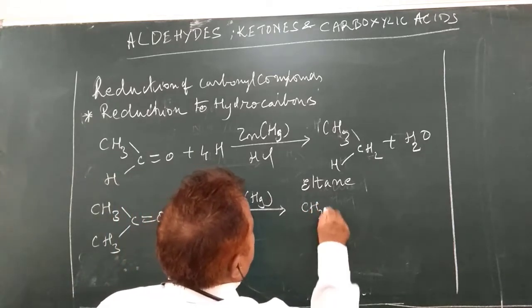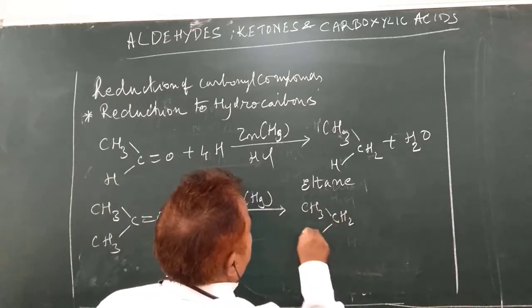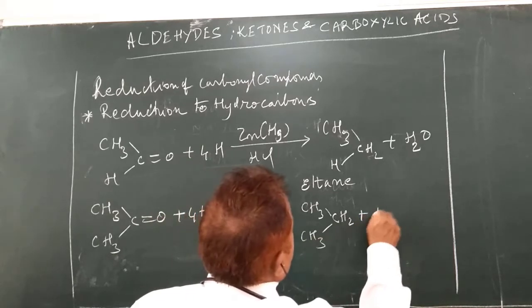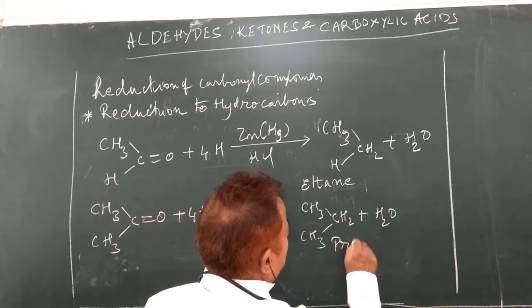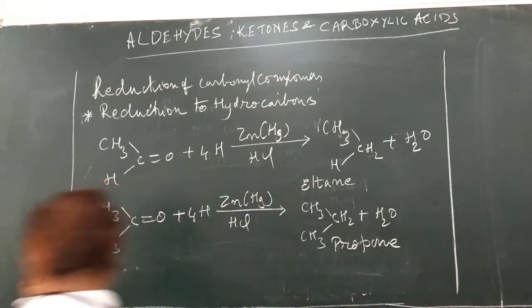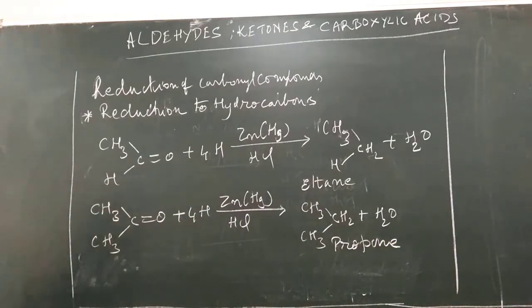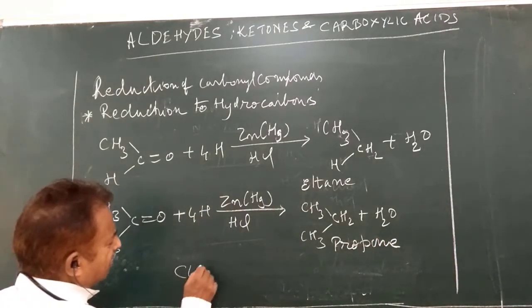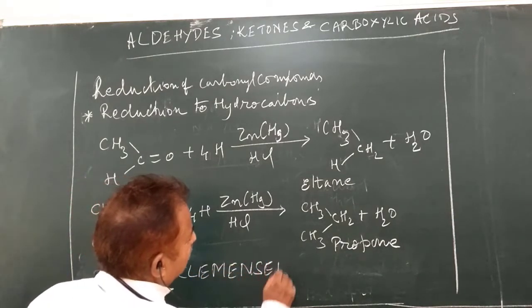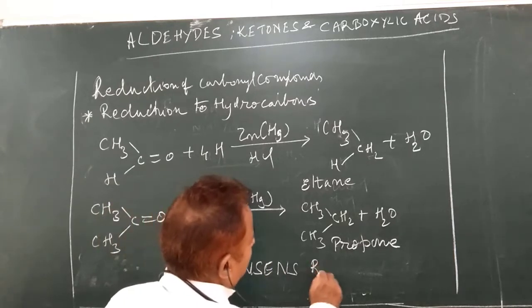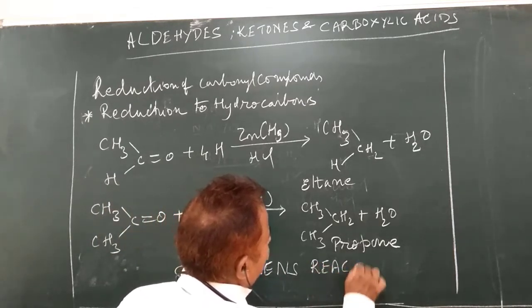We get CH3CH2CH3 plus water. This is propane. And this reaction is known as Clemmensen's reaction.